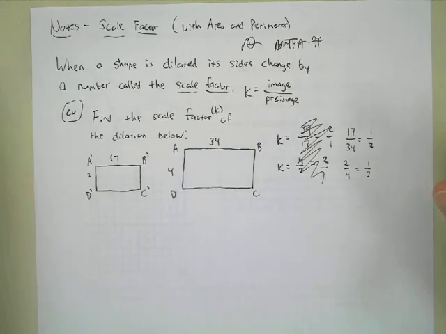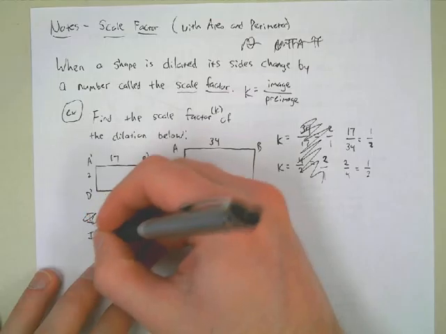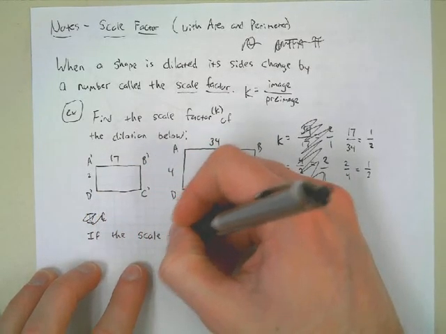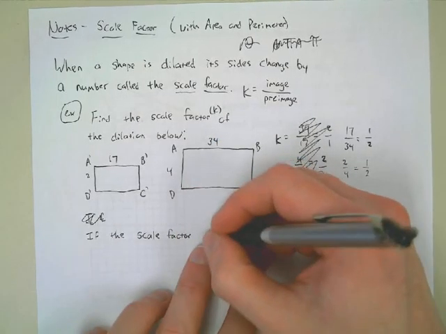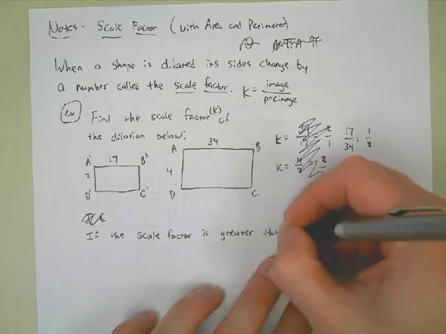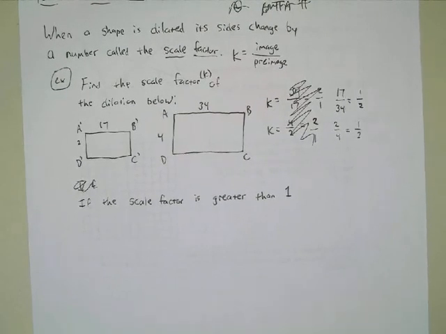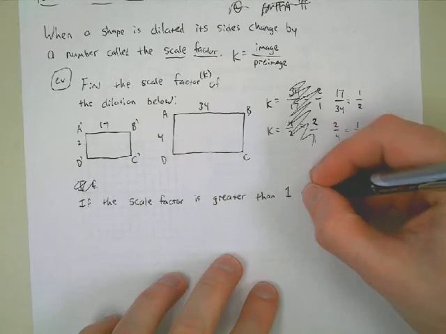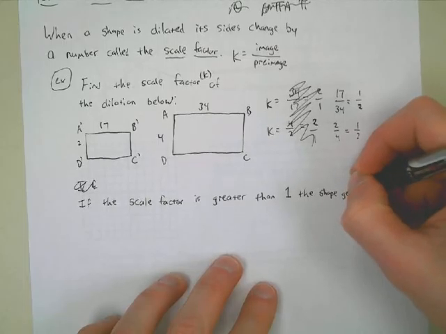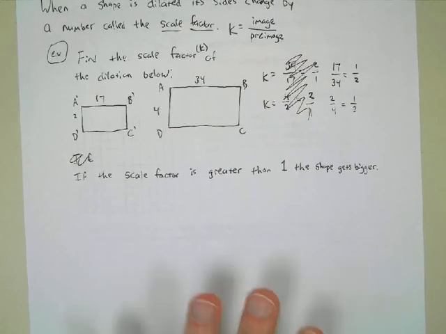Okay. So, in summary, if the scale factor is greater than 1, what happens to the shape? Shape gets bigger. Yeah, we talked about it, but now we're writing it down officially.